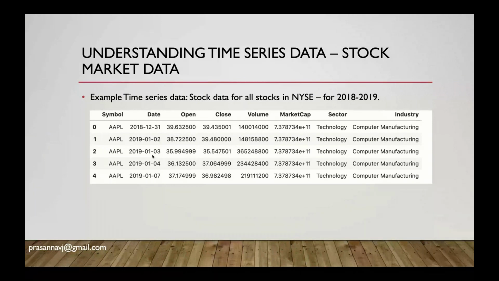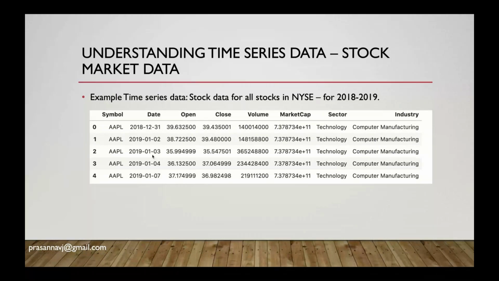Here, the data that is going to change is the open, close, and volume information, which are the predominantly changing fields. Then the market cap, the sector, and the industry: Apple is in the computer industry and is a technology stock. This information might not change at all for the period of the stock exchange data. They could always be represented as computer manufacturers and a technology company, and so on.